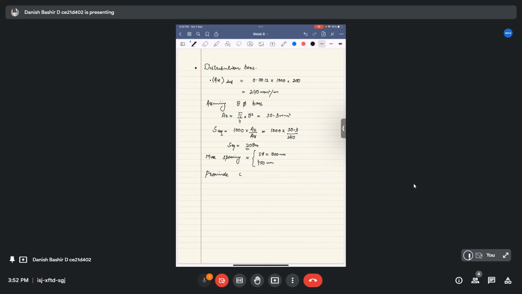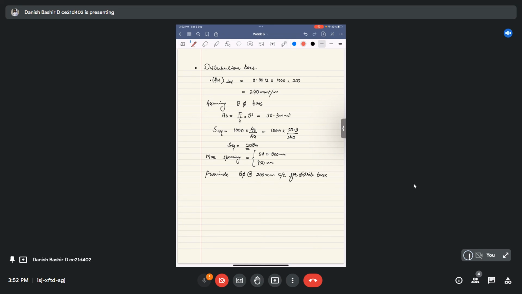So we can provide 8 mm diameter bars at the rate of 200 mm center to center spacing for distribution bars.